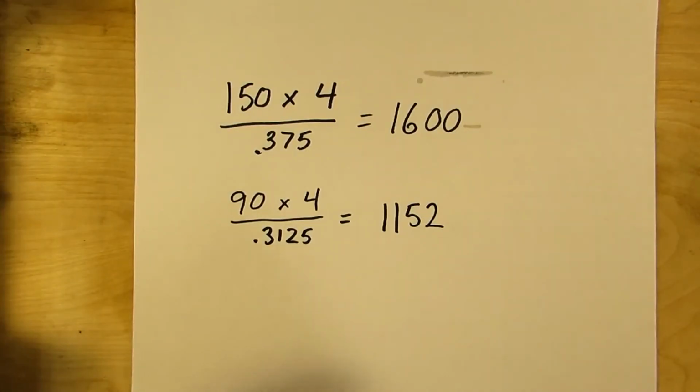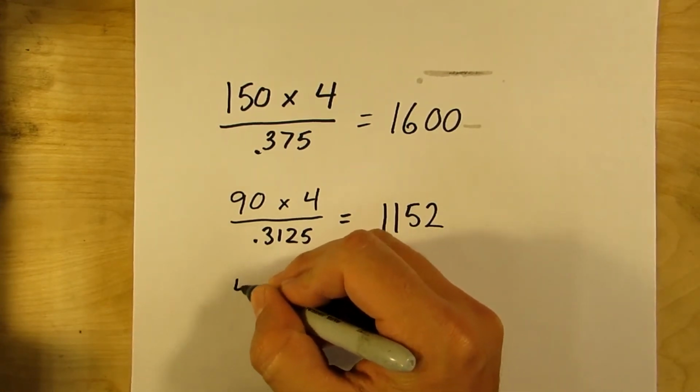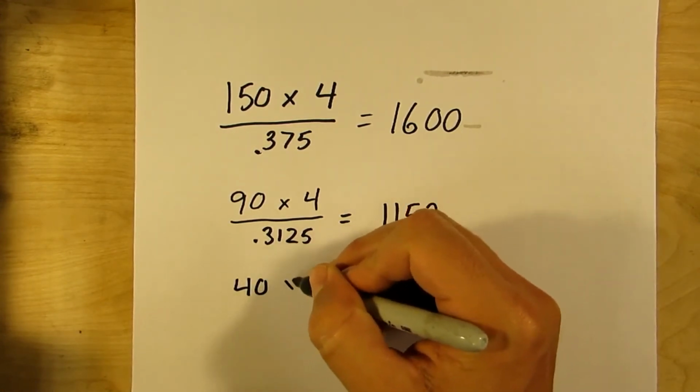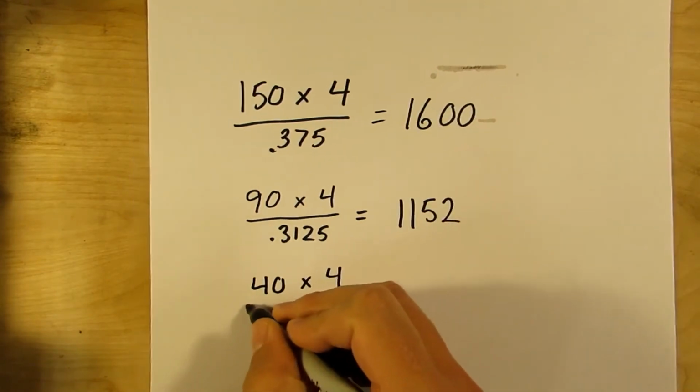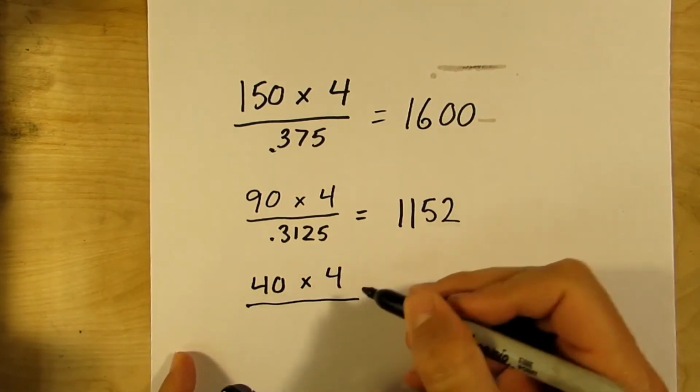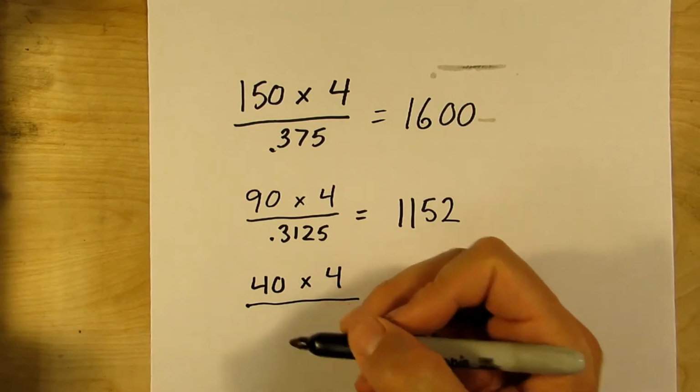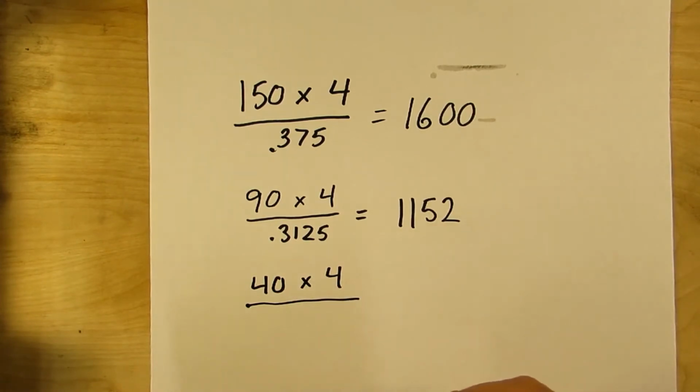Now what if we were drilling a hole in the end of a big piece? So let's say we had a 1/4 inch hole in the end of a 6-inch diameter piece of stainless steel. So stainless steel's SFM is 40 times 4. And then which of those two diameters are we going to use?